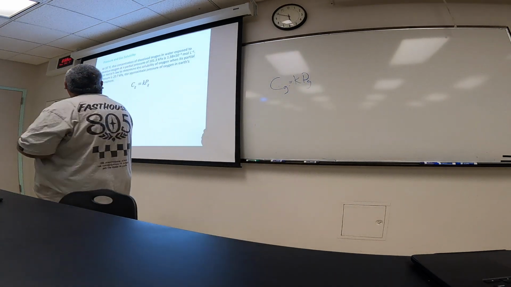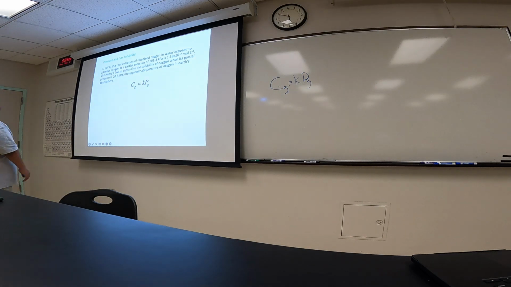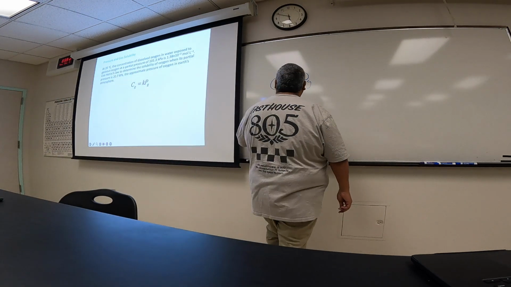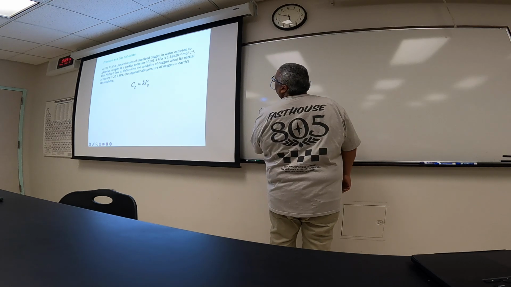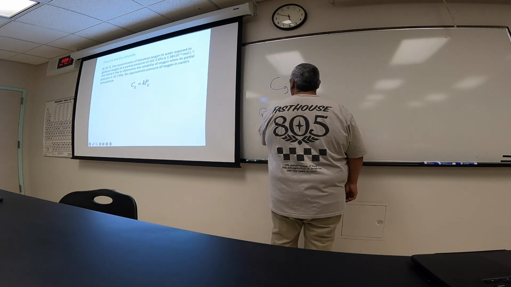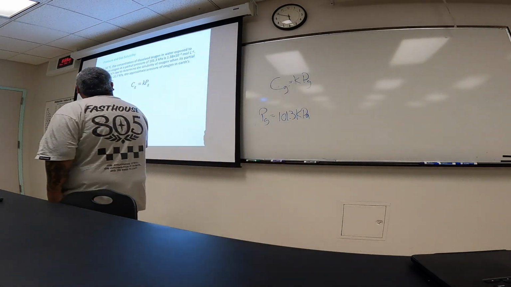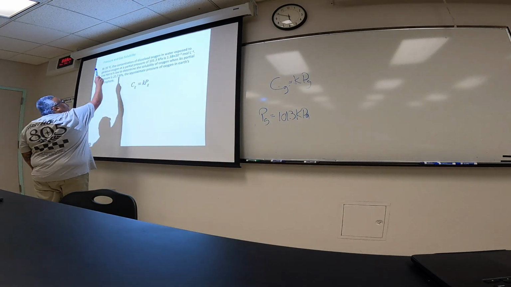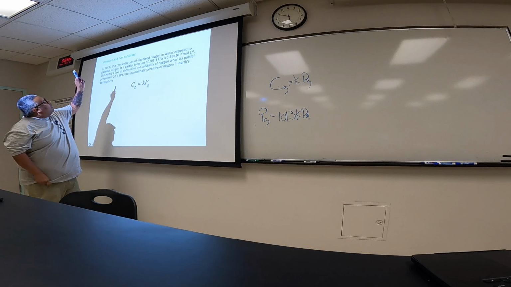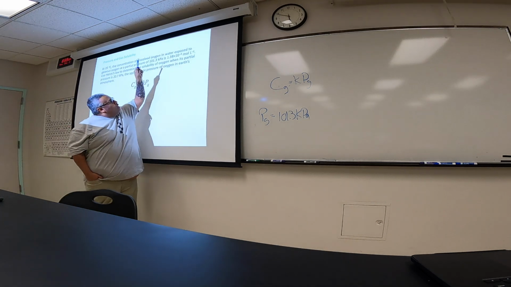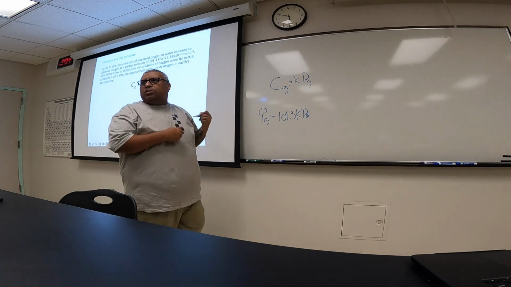So at 20 degrees Celsius, the concentration of dissolved oxygen in water exposed to gaseous oxygen at a partial pressure of gas of 101.3 kilopascals is 1.38 times 10 to the minus 3.